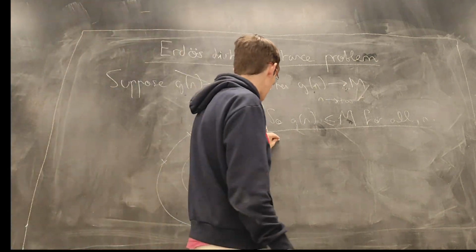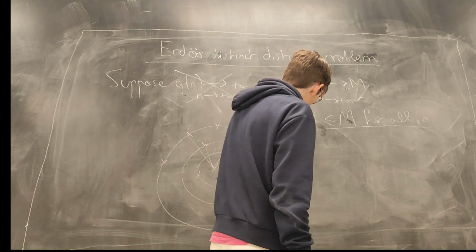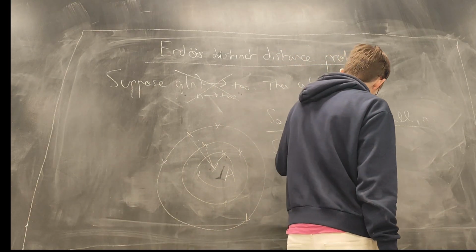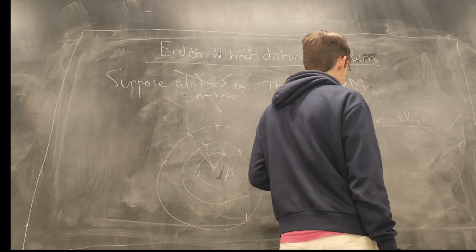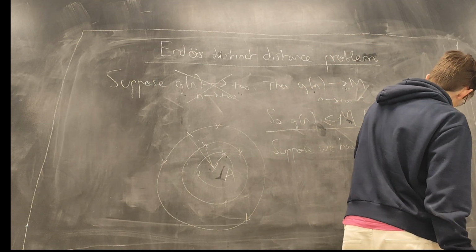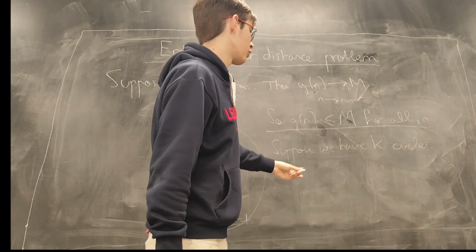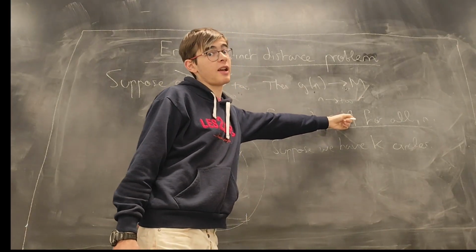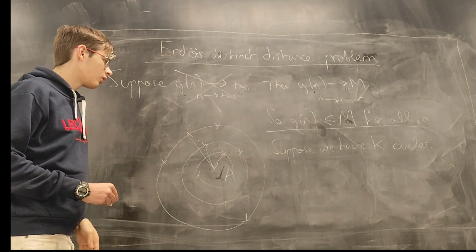Now suppose we have, let's say, k circles. First of all, observe that k must be smaller than m. Why?